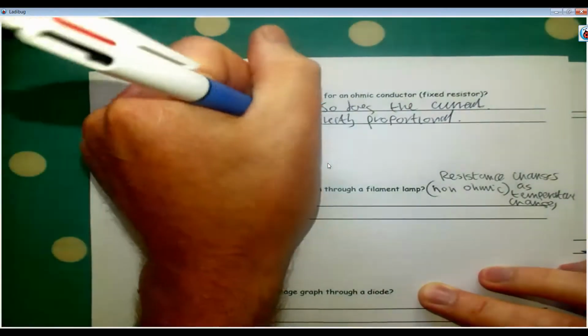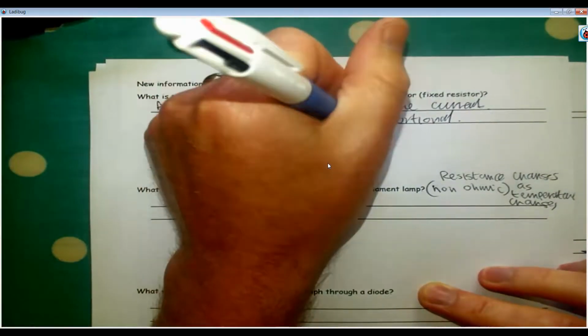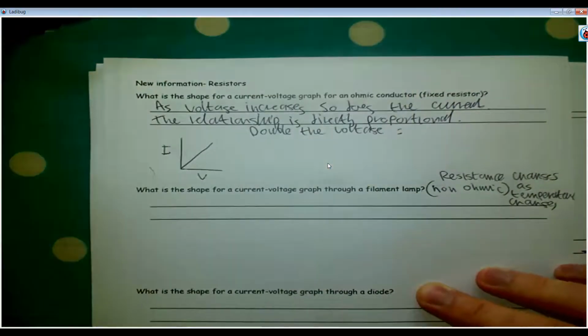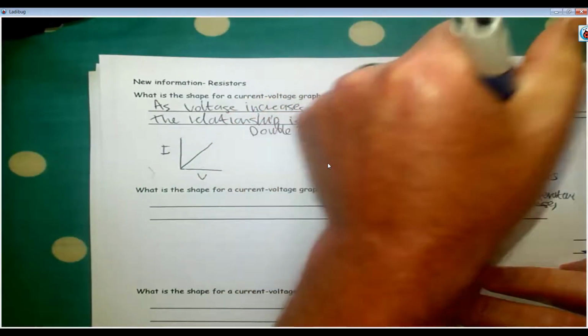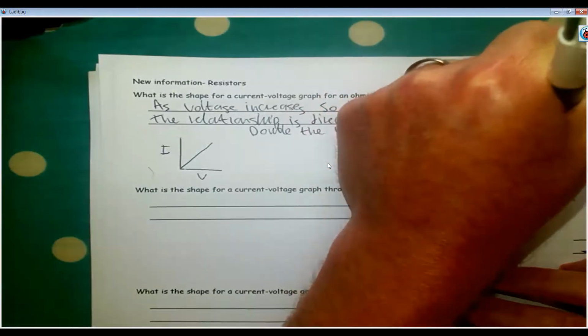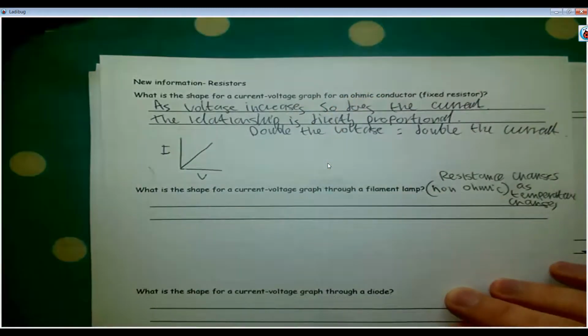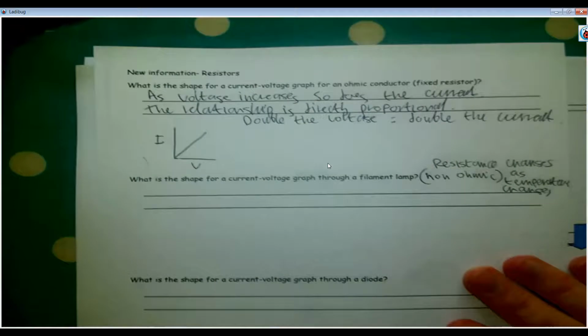Double the voltage equals double the current. Okay, so there's our first piece of information there.